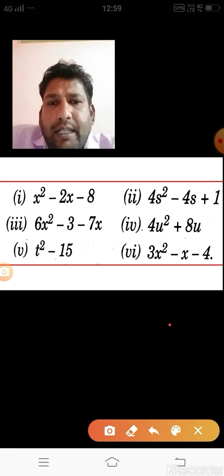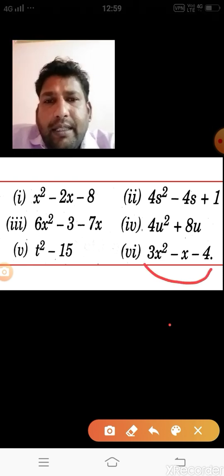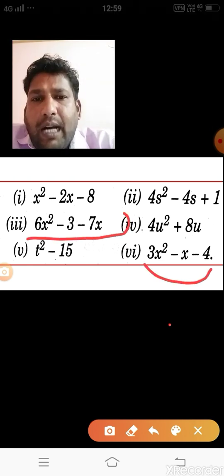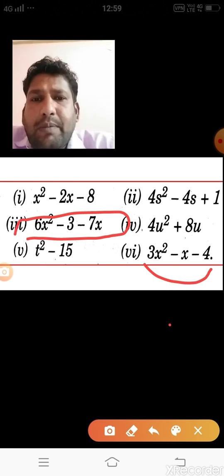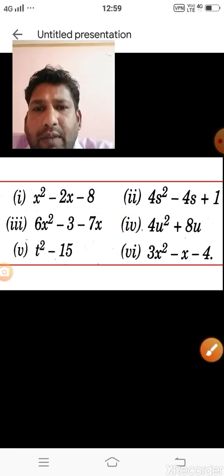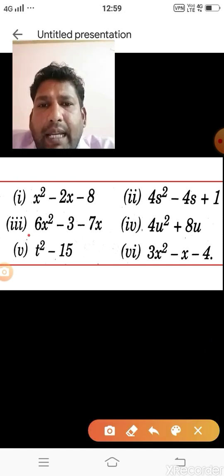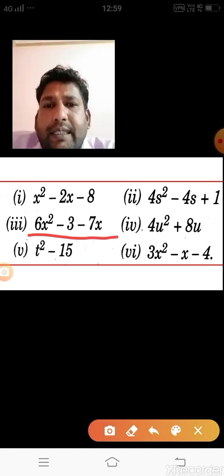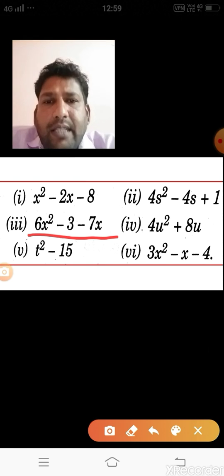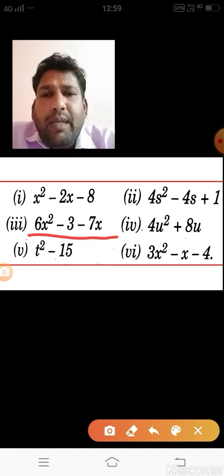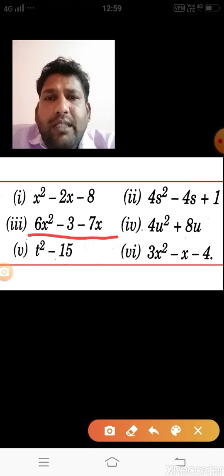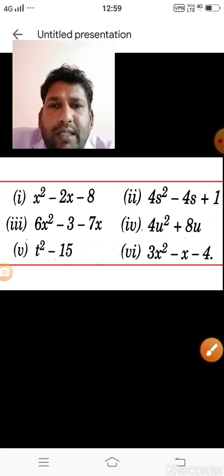And in part third, what we are observing here, we are getting 6x square minus 3 minus 7x. Then rearrange the terms first. When you are making the factorization, rearrange the terms. Easily you will get the factors of this.